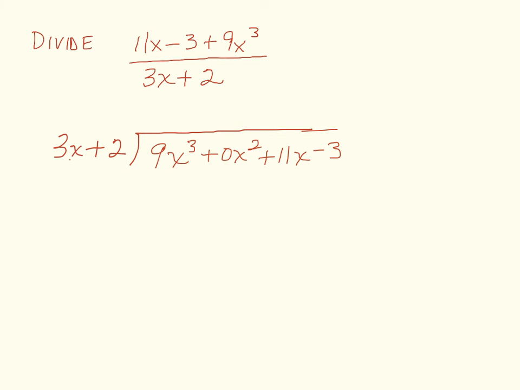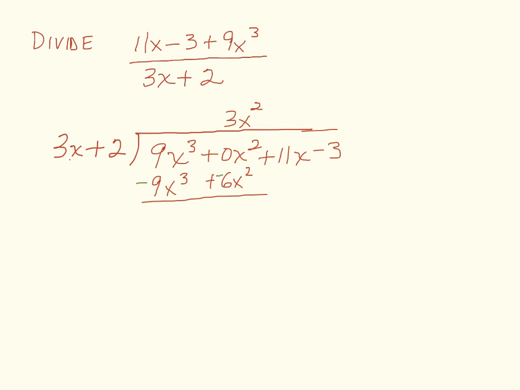Okay, now we divide. 3x goes into 9x cubed 3x squared times. Now 3x squared times 2 is 6x squared. 3x squared times 3x is 9x cubed.